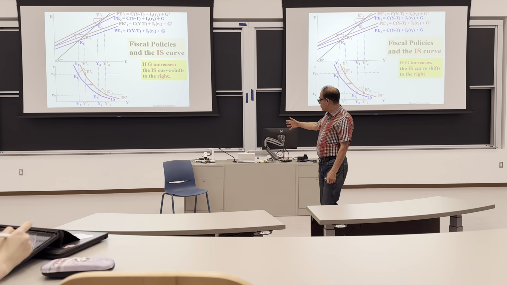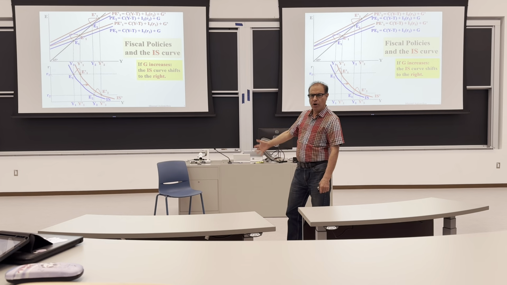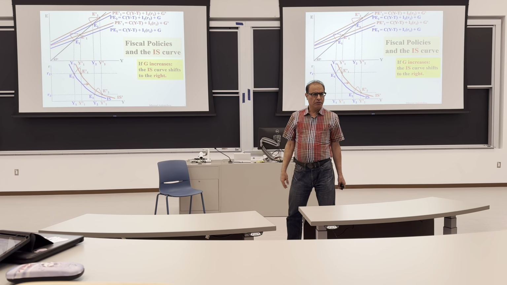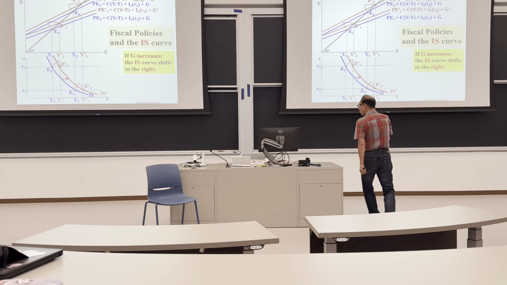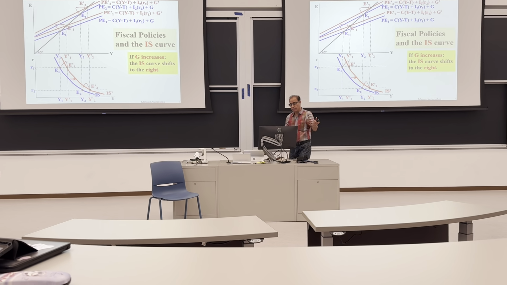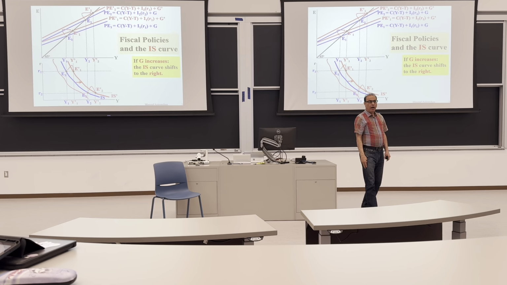In fact, you are going to see that any expansionary impact, fiscal, a shock, shifts IS to the right, and contractionary impacts, whatever they are, shift IS to the left. Is that right? You see, guys?